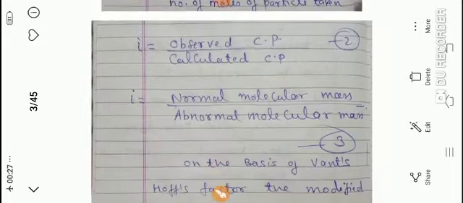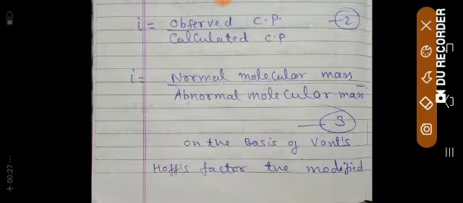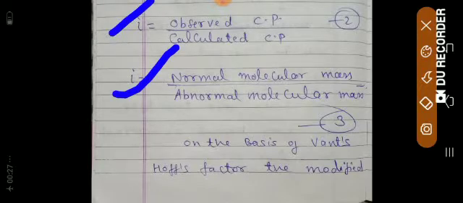So come to the original page. The second definition of iota is this one. The third is normal molecular mass divided by abnormal molecular mass. So there are 3 definitions of iota, on the basis of which the previous 4 equations of colligative properties from the last videos can be modified.